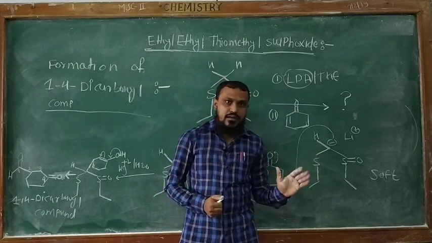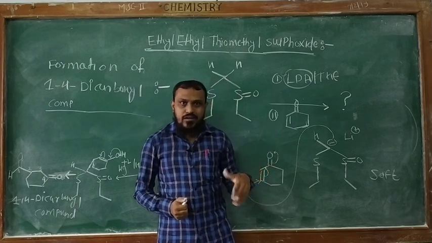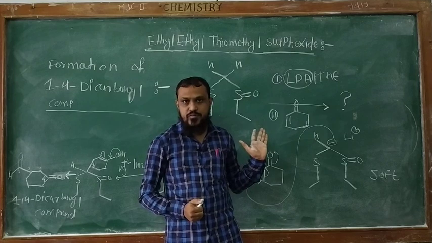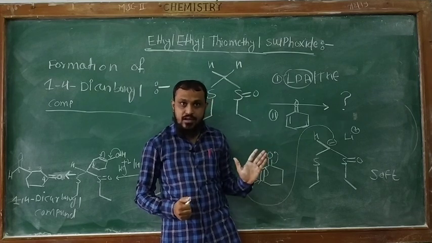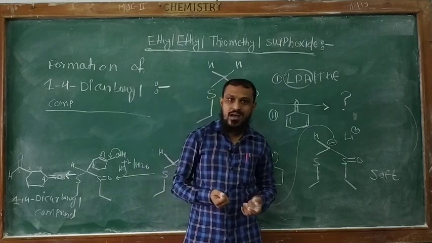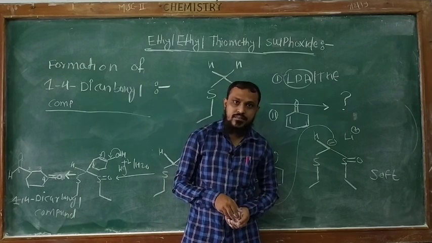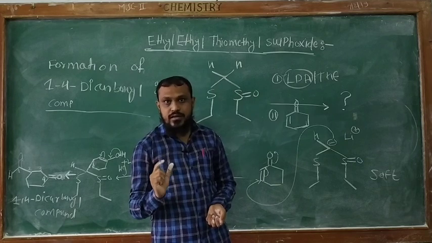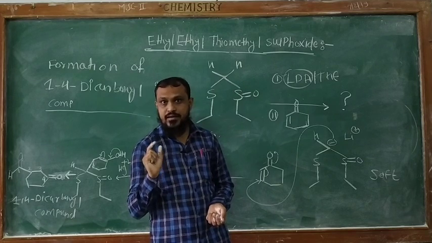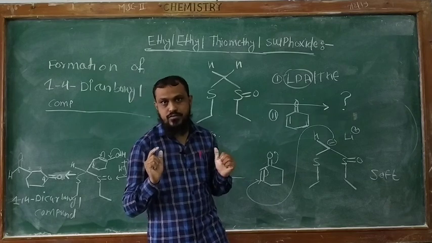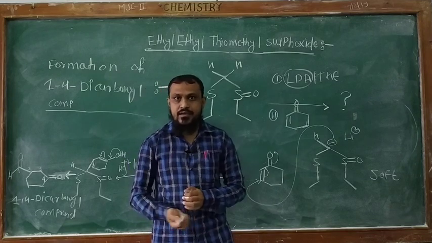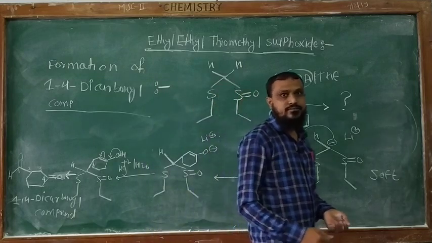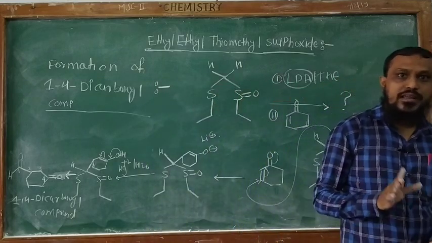Okay, the negative charge carbon atom of the lithiated salt generated from the ethyl thio-methyl sulphoxide attacks the beta carbon atom of the alpha beta unsaturated system instead of the carbonyl carbon atom of the carbonyl compound. Okay, due to which a 1,4-dicarbonyl compound is generated. Okay, if you have any problem, you can ask me personally.